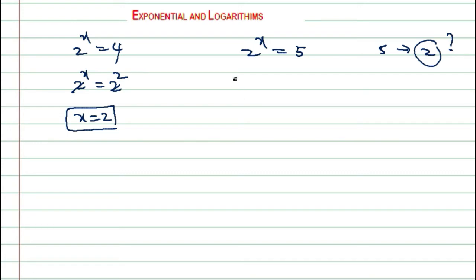So we can write log to the base 2 of 5, which is equal to x. It means we are writing the power as the answer, and the base 2 you should maintain for the logarithm. So we can write the logarithm of 5 to the base 2, which is equal to x. So we are going to establish the relation between x and logarithms.